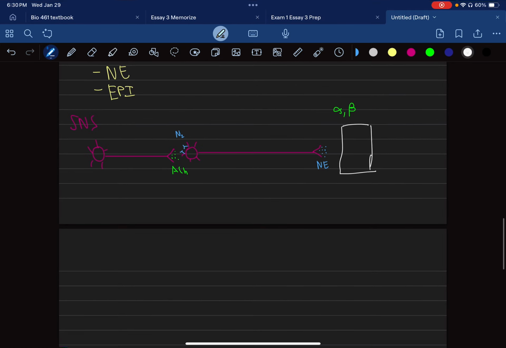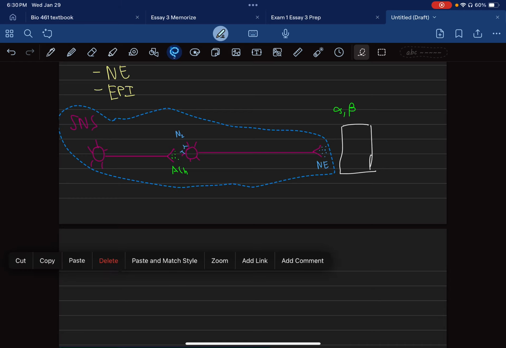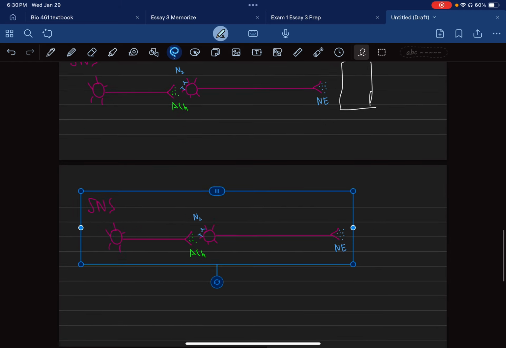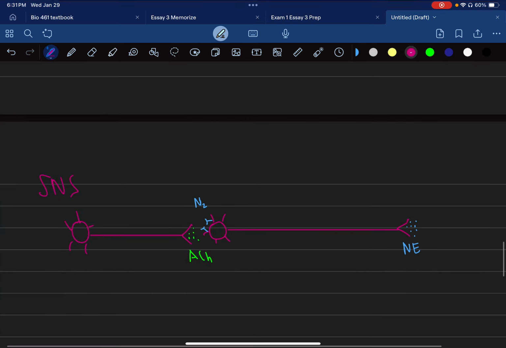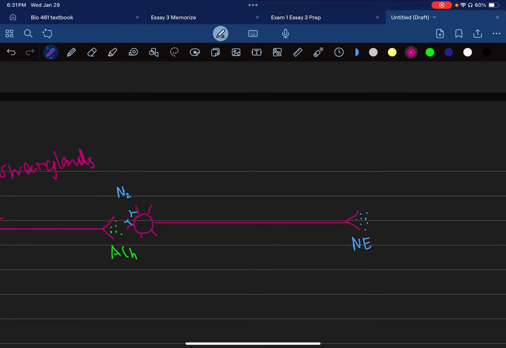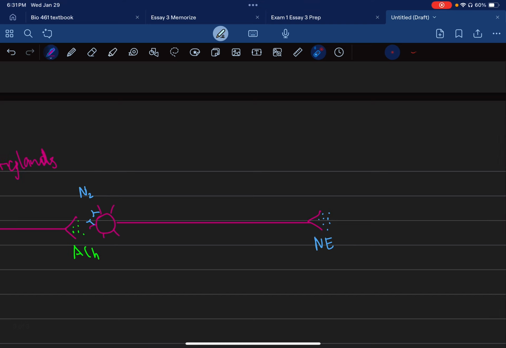Now, like I mentioned before, there are some exceptions. For example, let's just copy and paste this whole thing. When the SNS goes to skeletal muscle or to the sweat glands, it's going to be following a spinal nerve, and it'll release ACH right here, but instead of releasing norepinephrine right here, it's going to actually release ACH again.